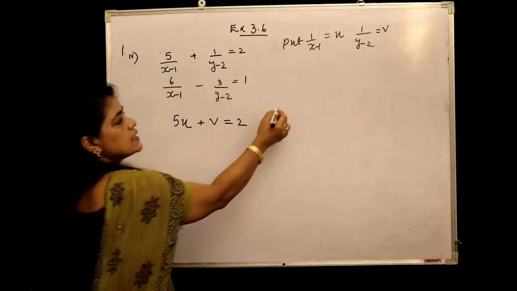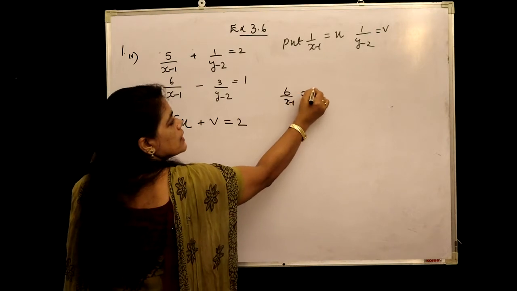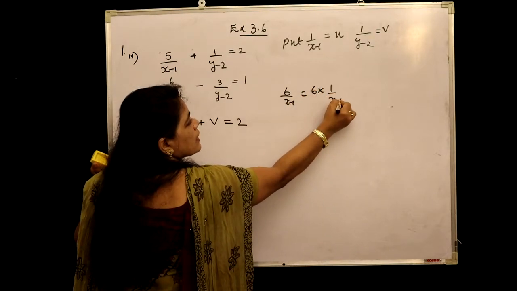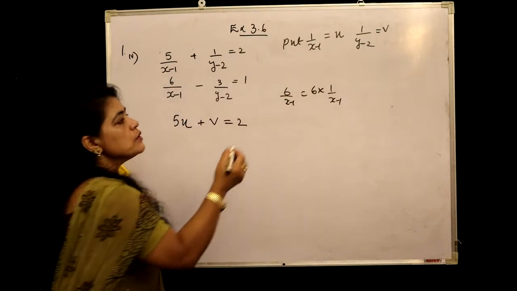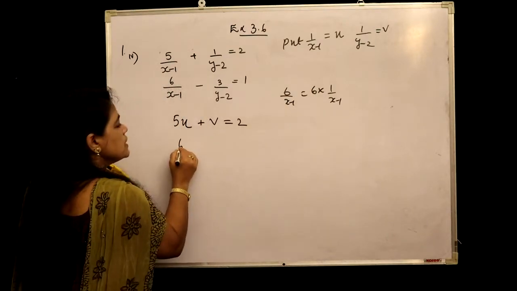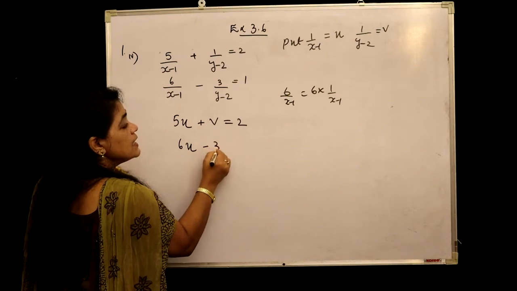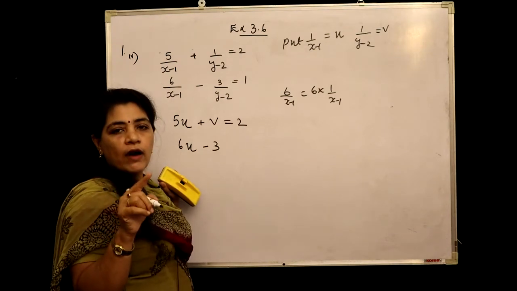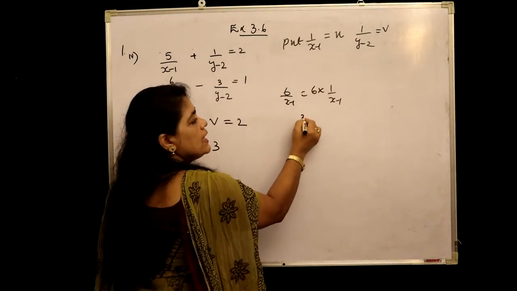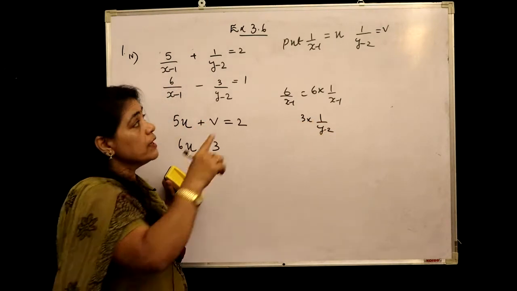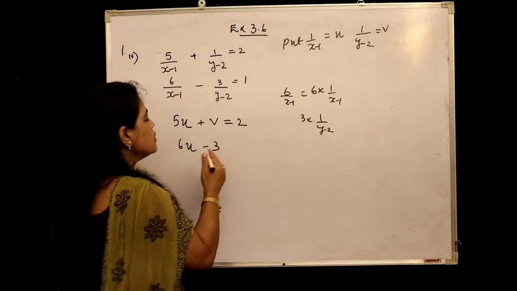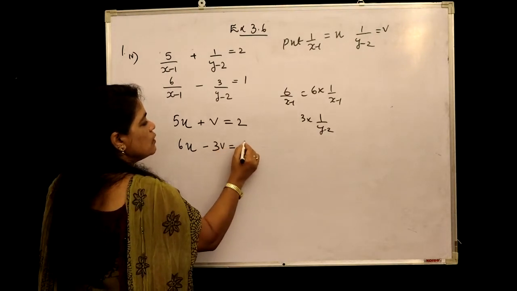Here 6 by x minus 1 is 6 into 1 by x minus 1. 1 by x minus 1 is u. So 6u. So 6u minus 3 by y minus 2, that is 3 into 1 by y minus 2. 1 by y minus 2 is v. So 3v is equal to 1.